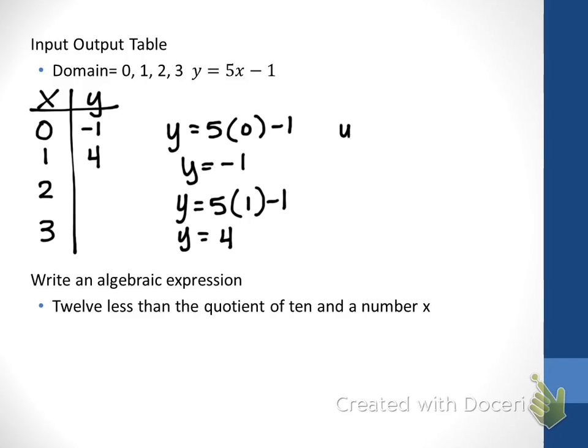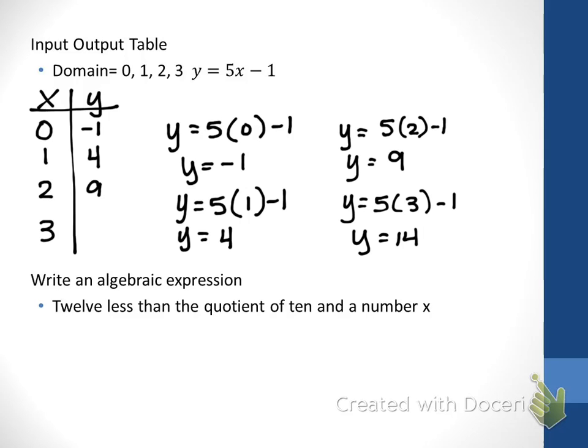Then I have y equals 5 times 2 minus 1, which is 9. 5 times 2 is 10, minus 1 is 9. And then 3 plugging in, 5 times 3 minus 1 is 14. So the X and Y chart is my answer.